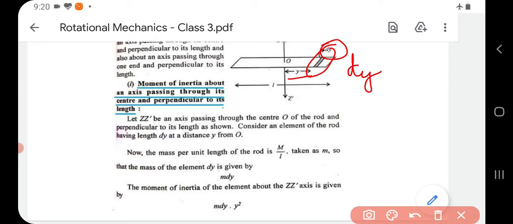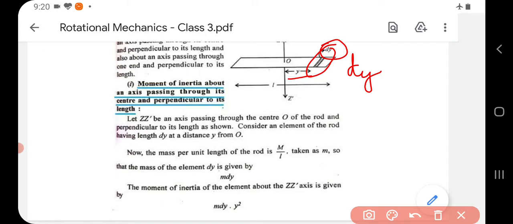As I said before, first we consider a small element of the thin rod, find the moment of inertia of that small element, and after that we integrate over the appropriate limits to get the moment of inertia of the whole body, here the whole thin rod.